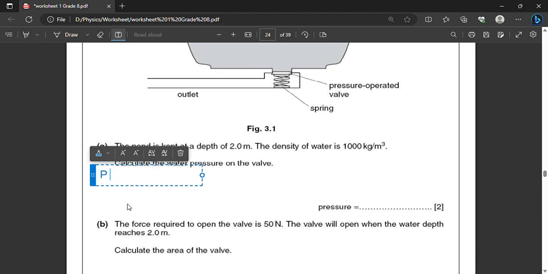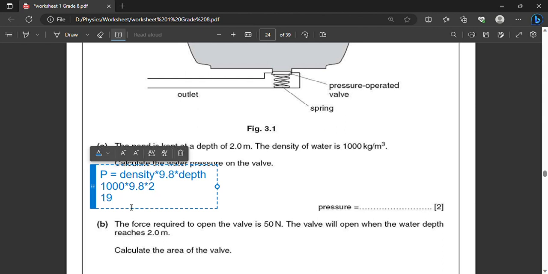Because the pressure in liquids will be pressure equal to the density times 9.8 as the acceleration due to gravity times the depth. So you can write P equal density is 1000 times 9.8 times 2.